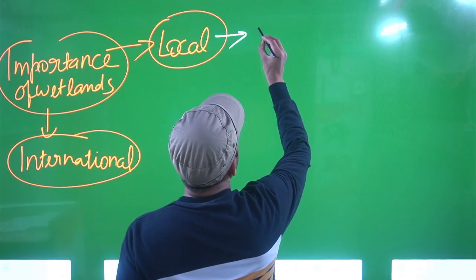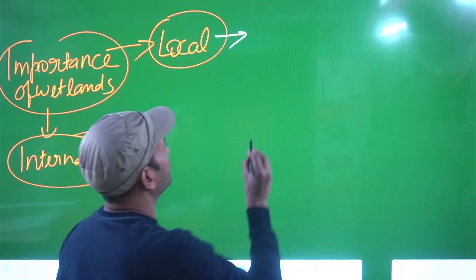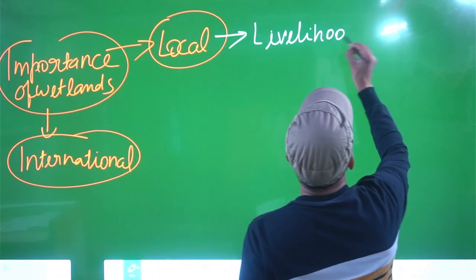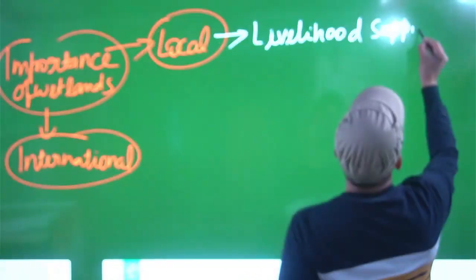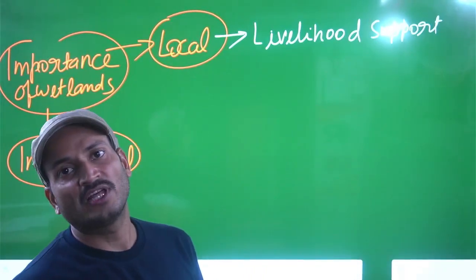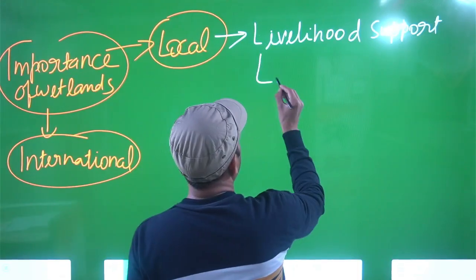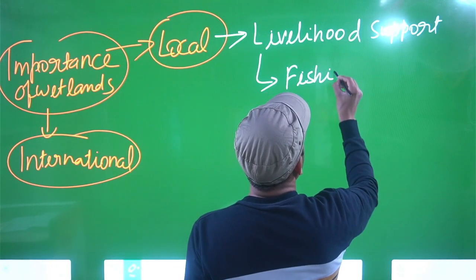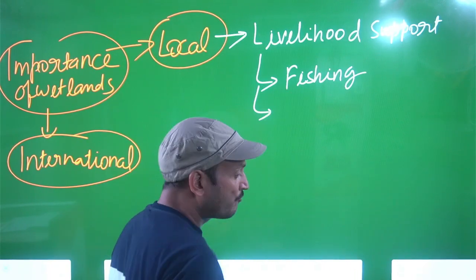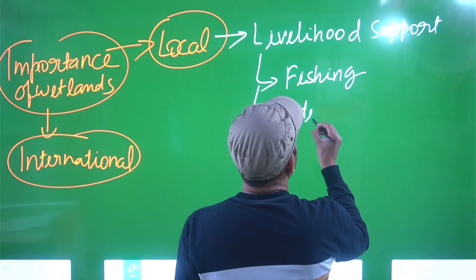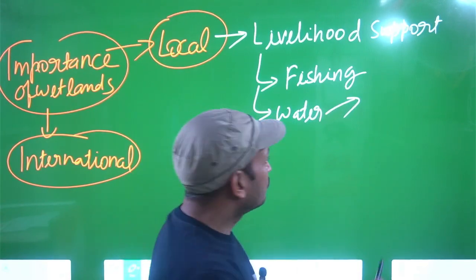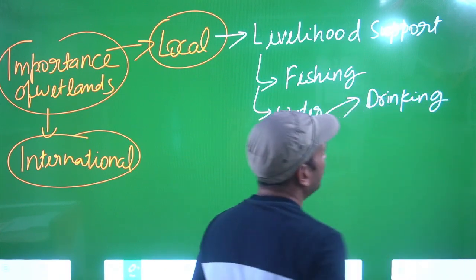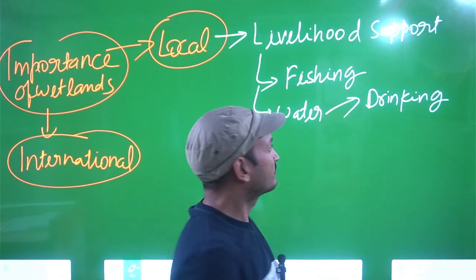wetlands support the livelihood of the local community. Livelihood in the form of, for example, they provide fish for food, fishing, water for the purpose of drinking water for both human beings and the animals.